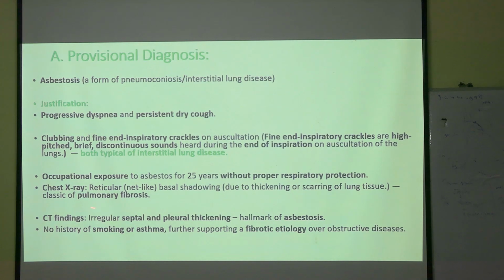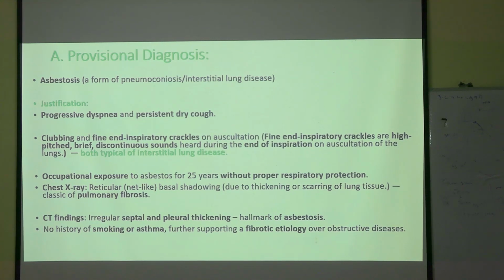Other than this, what information is given regarding the chest X-ray? There is reticular basal shadowing. This reticular basal shadowing is mainly due to thickening or the formation of scar tissue in the lungs.